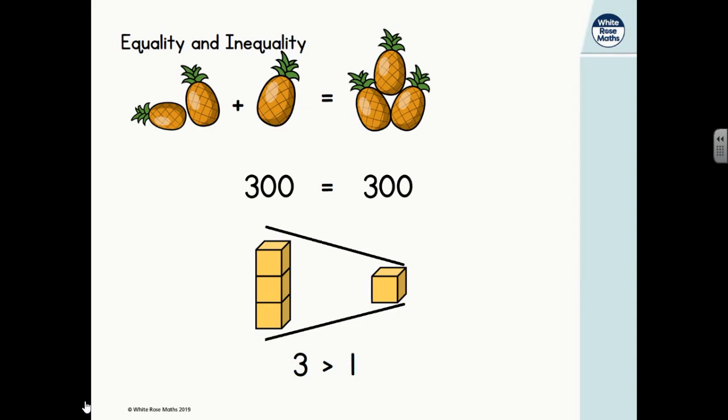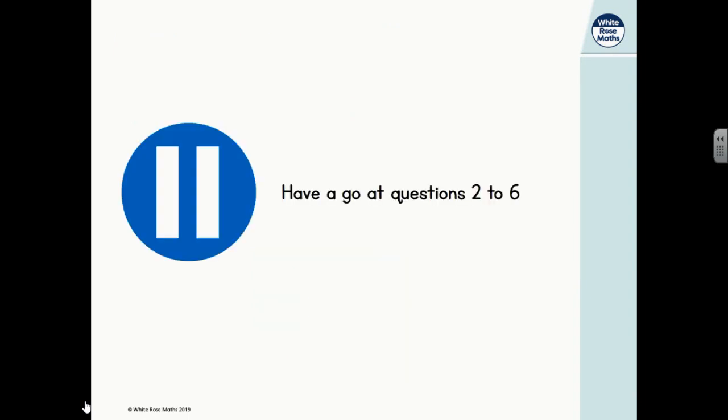I could split up my other side of the pineapples, couldn't I? And have 2 pineapples plus 1 pineapple is equal to 1 pineapple plus 1 pineapple plus 1 pineapple. I wonder what you'll do. Pause here and have a go at questions 2 to 6.